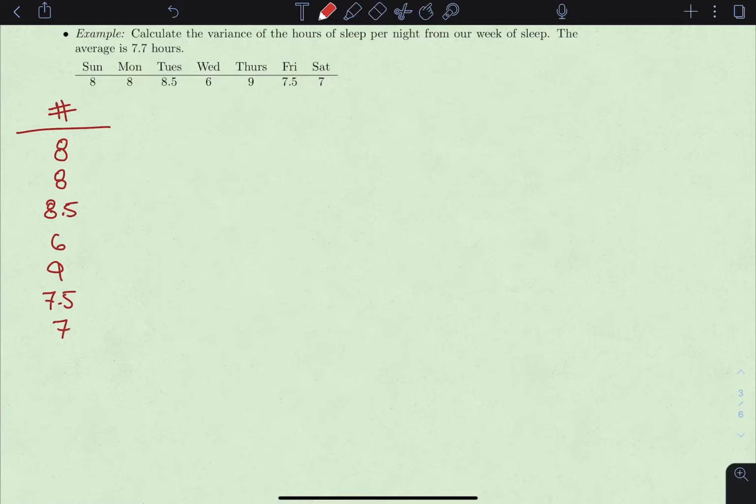And then we'll have our deviation. So this is going to be how far each number is from 7.7, which is our average. So 0.3, 0.3, 0.8.